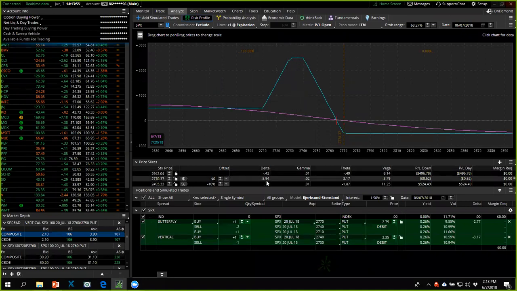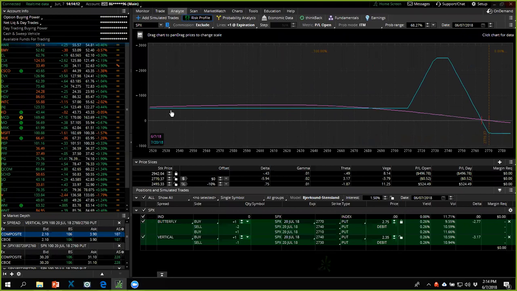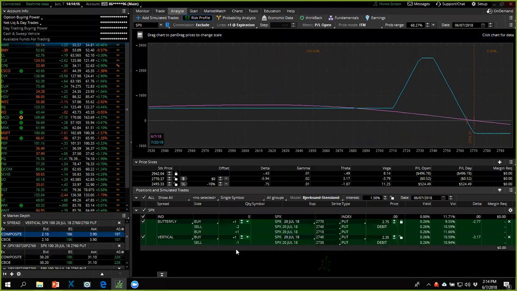Your delta does not get nearly so negative as it did with a single long put. And maybe that's in line with what you're trying to do. Note that it also becomes looking like a hedge to the extreme downside. Now you've got something that is profitable all the way down to 0 on the downside. So that's a possible option there, depending on what you're trying to do.